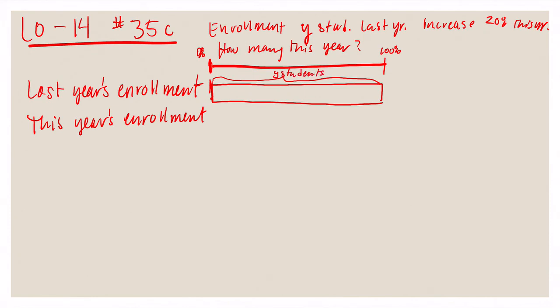Now, we want to know if this year's enrollment is going to be 80% or 120%. So there is 20% more this year than last year. So we have to interpret this a little bit. Whatever comes after "than" is the whole, or the 100%.